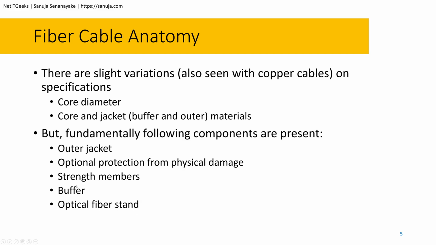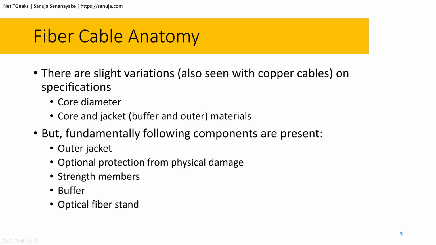So what that means is, strength members are basically what's around that core making that cable strong, so it won't break those glass fibers. So that's what I mean by the strength members. That could be Teflon, it could be metal fibers, etc. And remember, fiber optic cables don't have electromagnetic interference, so we can use many different types of metal fibers to actually strengthen your cables depending on the manufacturer.